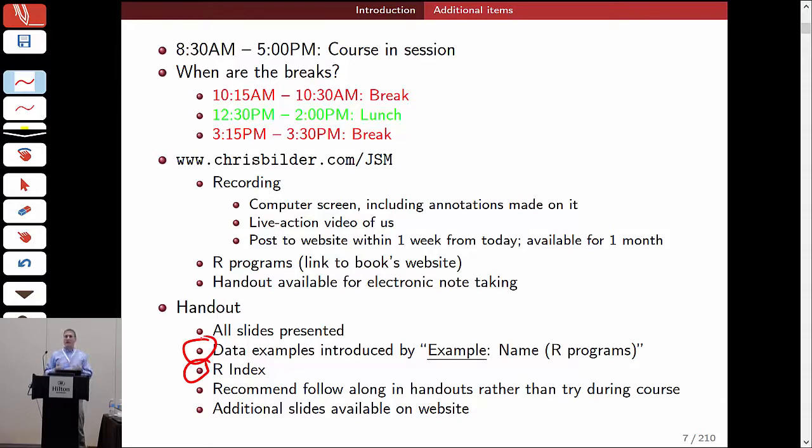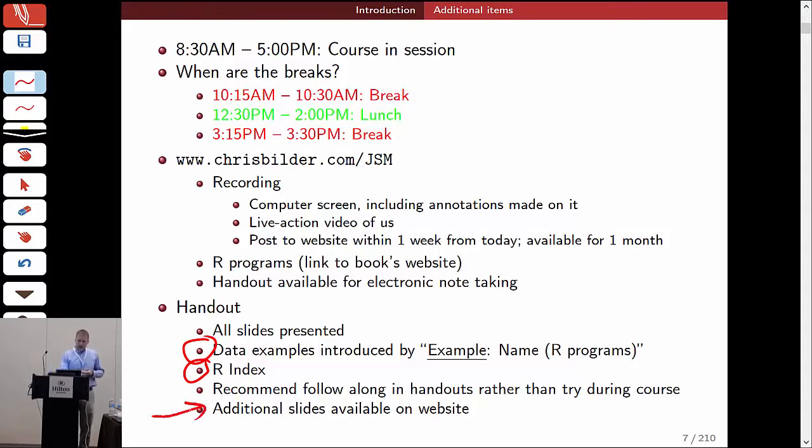We see this more as a course, and we have a lot of material to cover, so we chose to take this approach rather than have you interactively execute some of the stuff that we'll be talking about. If, however, you choose to go ahead and try to execute some of these R programs as we're going through them, we ask you to please postpone questions about why your R program is not running until break time, and we'll be happy to answer those questions.